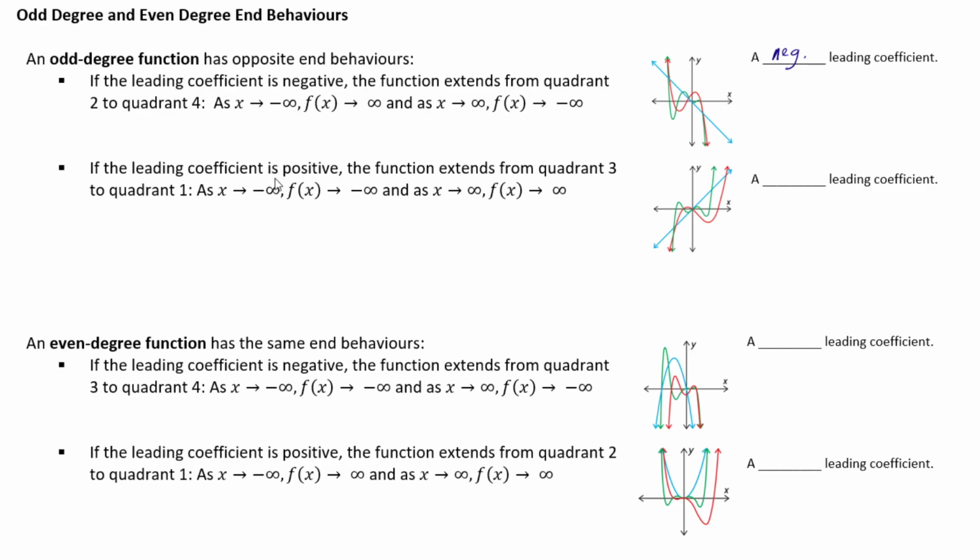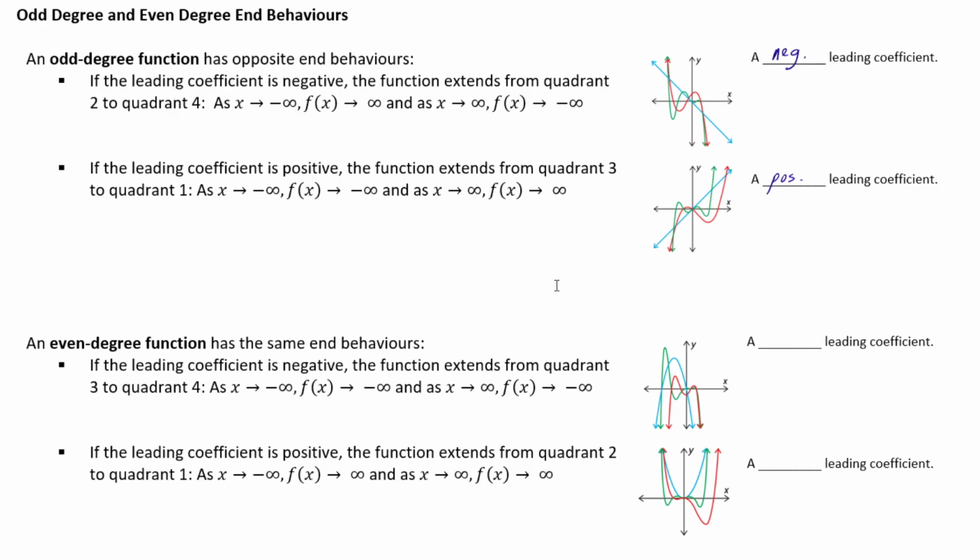If the leading coefficient is positive, however, it extends from quadrant 3 to quadrant 1. So as x gets increasingly negative, the function gets increasingly negative, as we see right here. As x gets increasingly positive, towards positive infinity, f of x goes towards infinity.